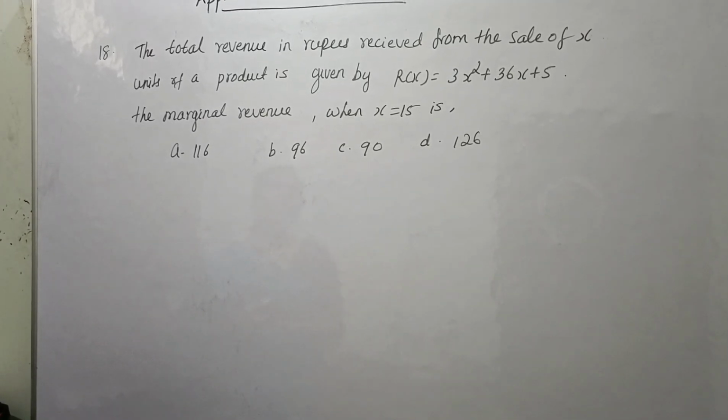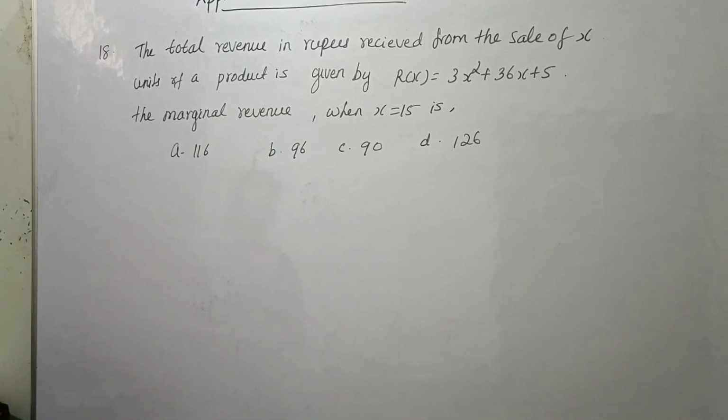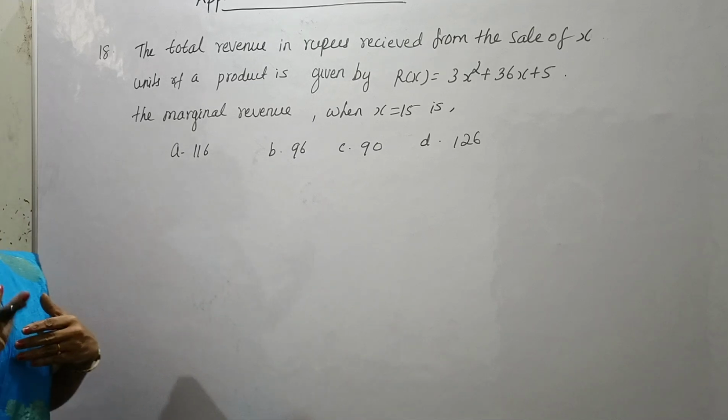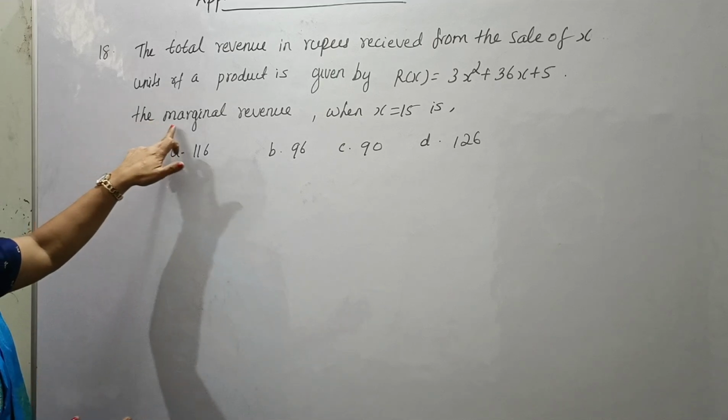The total revenue in rupees received from the sale of x units of a product is given by R of x is equal to 3x square plus 36x plus 5. The marginal revenue when x is equal to 15 is? x is the number of units. So when 15 units are sold, what is the marginal revenue?